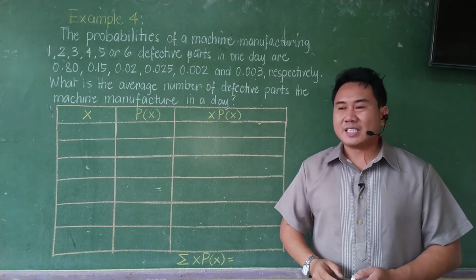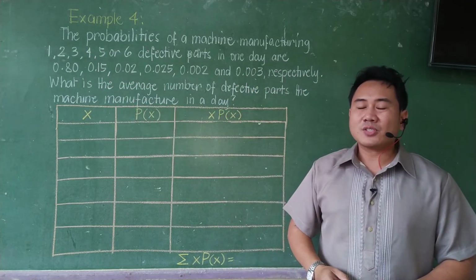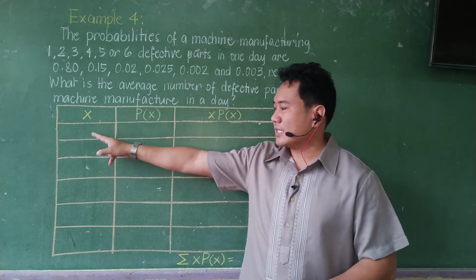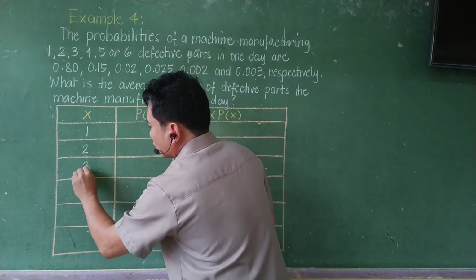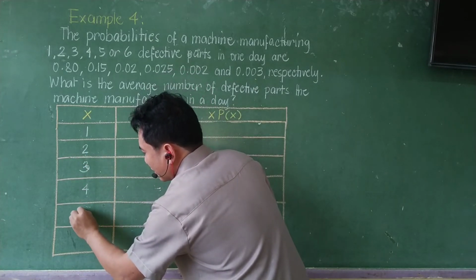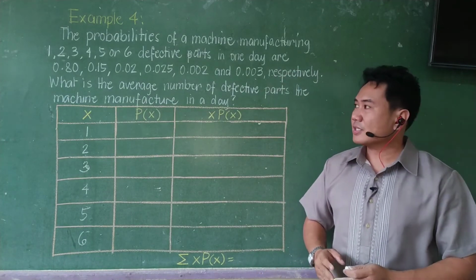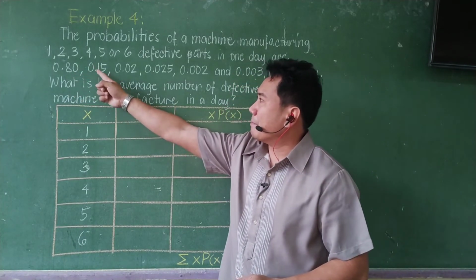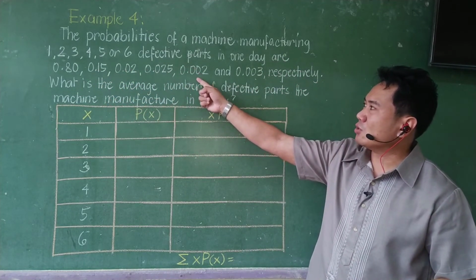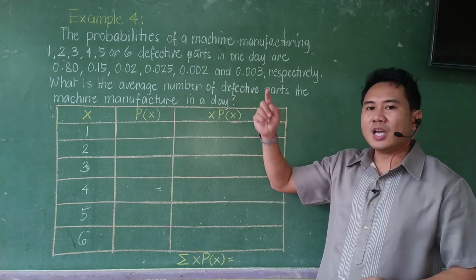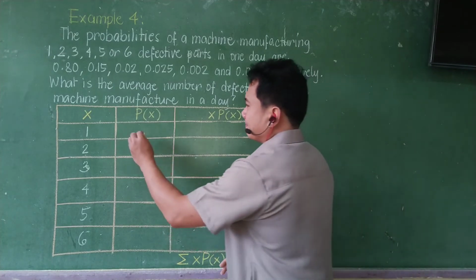First, let us identify the given. 1, 2, 3, 4, 5, and 6 are the values of our x. We're going to write it here. 1, 2, 3, 4, 5, and 6. Next, 0.8, 0.15, 0.02, 0.025, 0.002, and 0.003 are the probabilities. We're going to write it here.